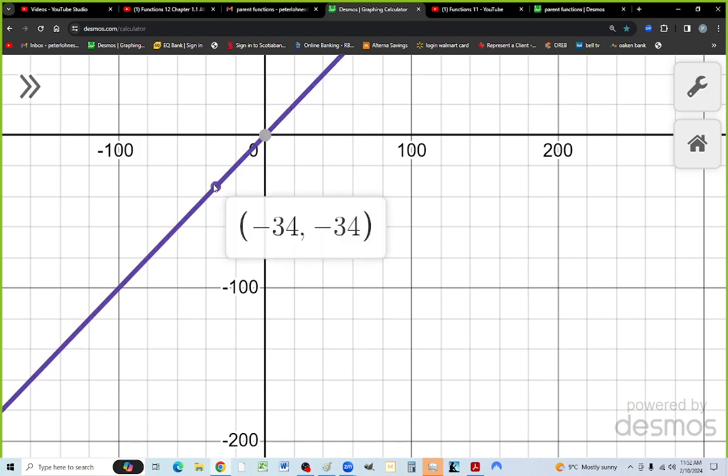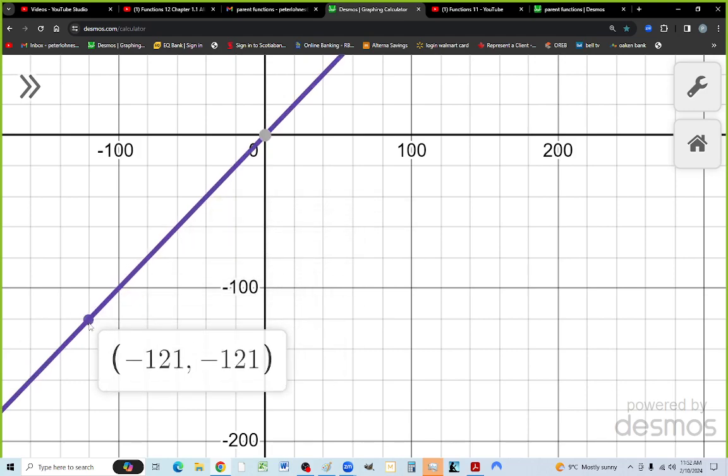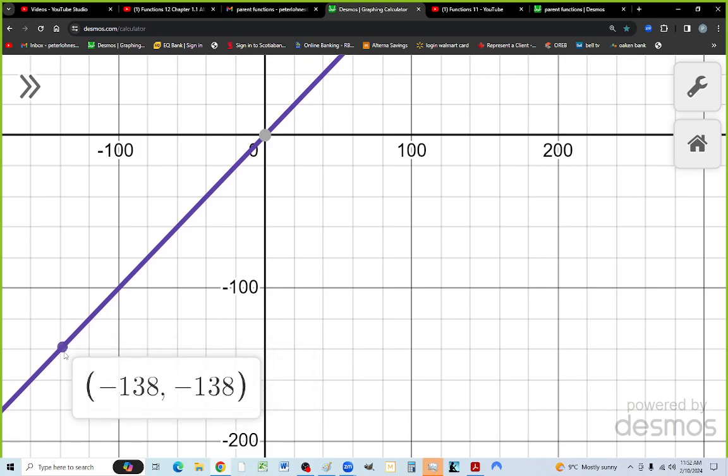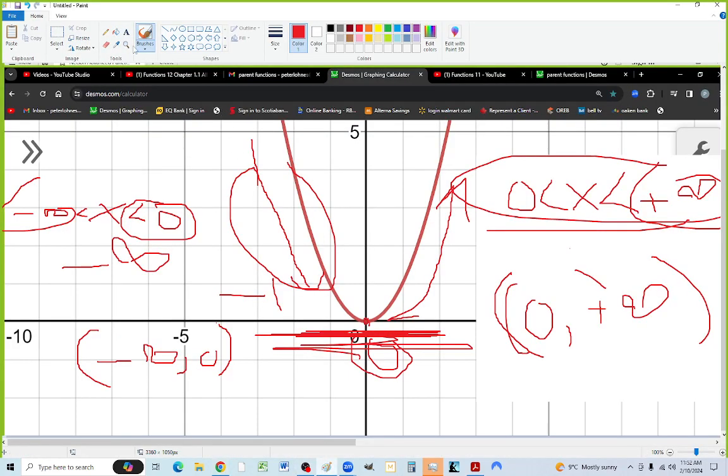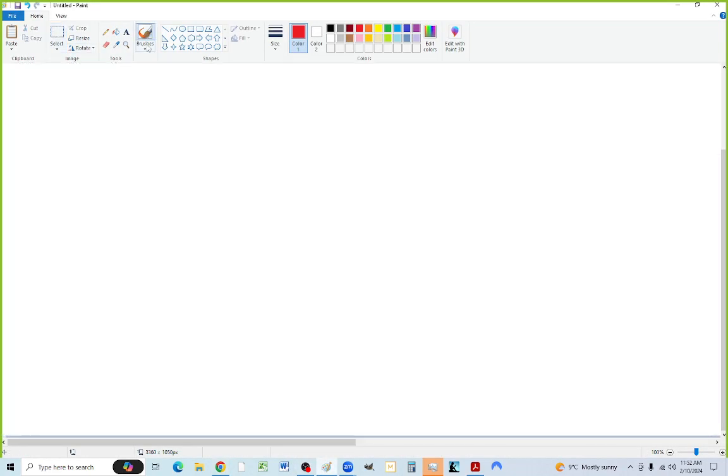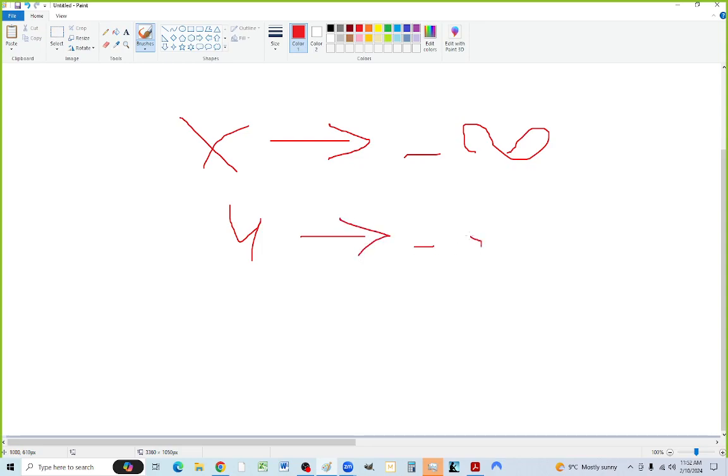As I go down on the left of this purple graph and make all my x's negative, what does y become? Negative as well. So the end behavior is this: as x approaches negative infinity, y approaches negative infinity.